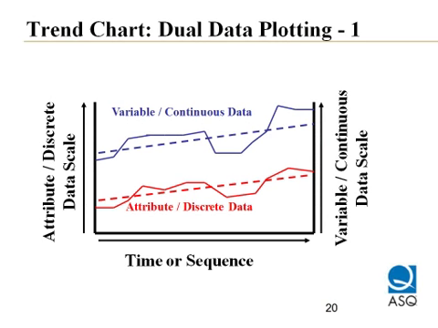For example, we could have a scale on the left side of our graphic for attribute or discrete data, and on the right side for variable or continuous data. And in blue, we can see the actual plotting of the points in the solid blue line and the solid red line, and the trend line or the slope being plotted with the dashed line.